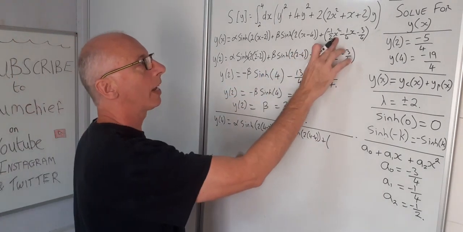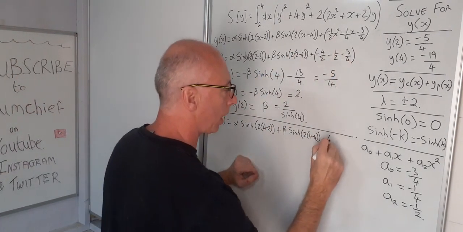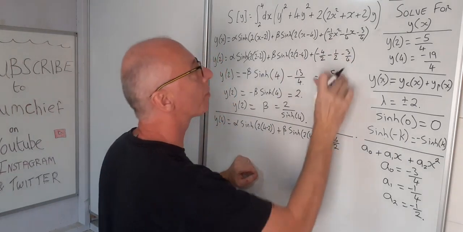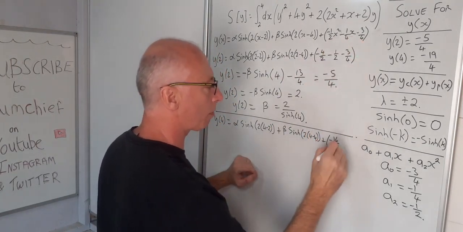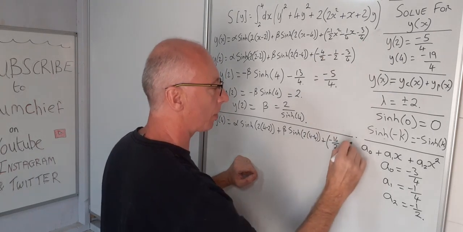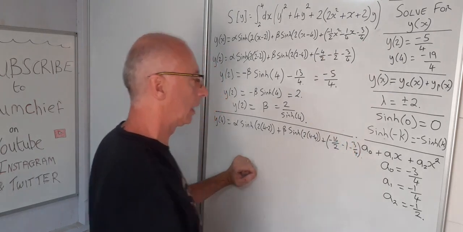So 4 squared is 16, so that gives us minus 16 over 2. 4 over 4 gives us 1, so that's minus 1. And then minus 3 over 4.